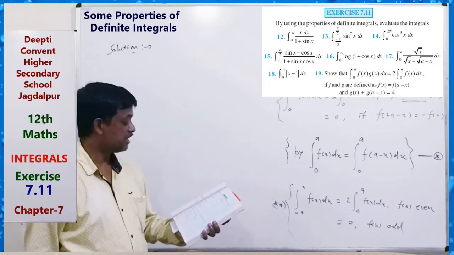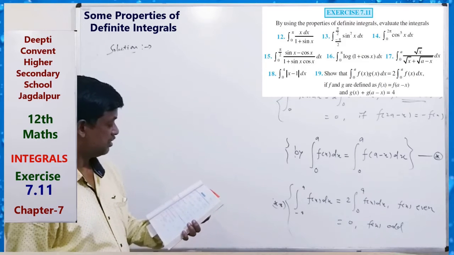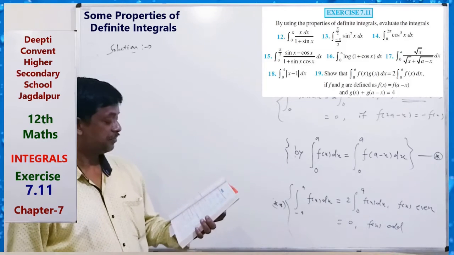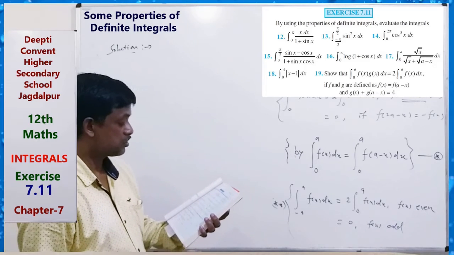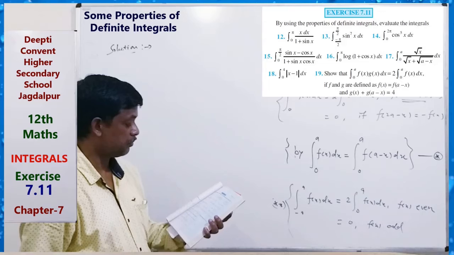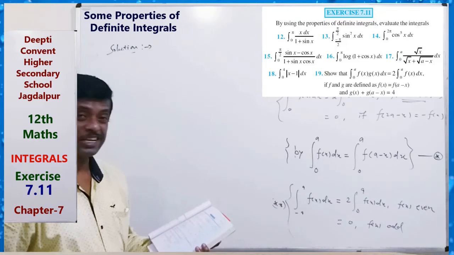Question 19. How can you solve 19? Here the integral from 0 to a of f(x)g(x) dx equals 2 times the integral of f(x) dx if f and g are functions like this. Just apply it one time.